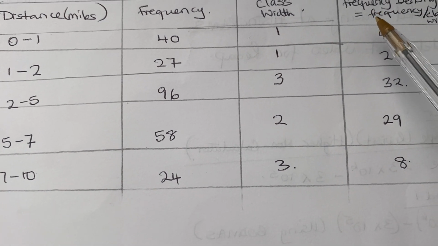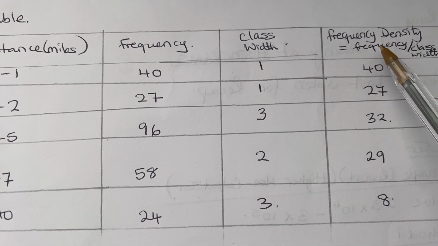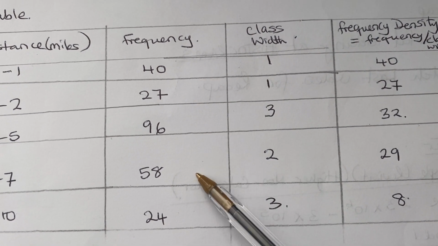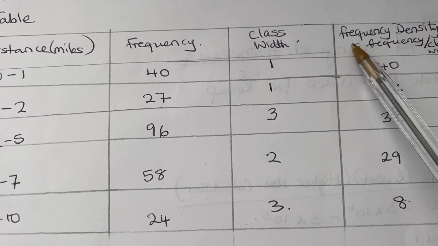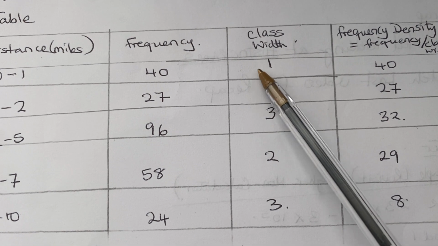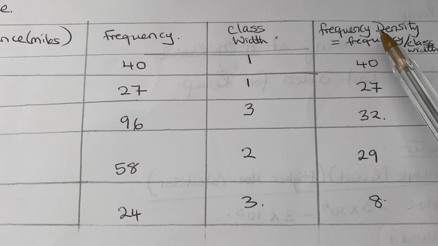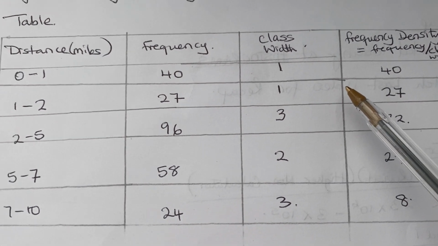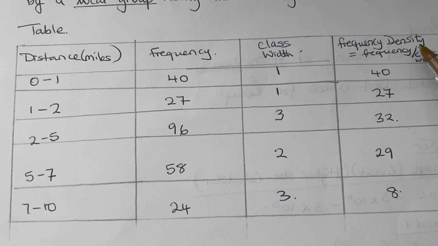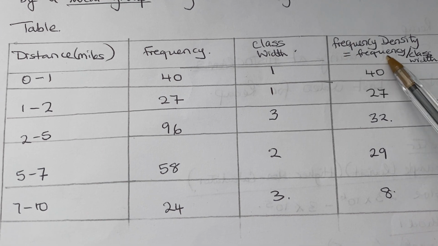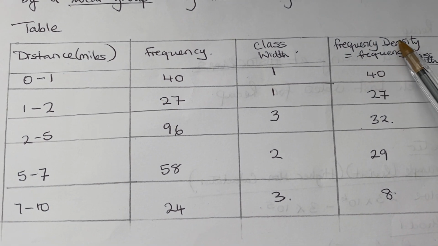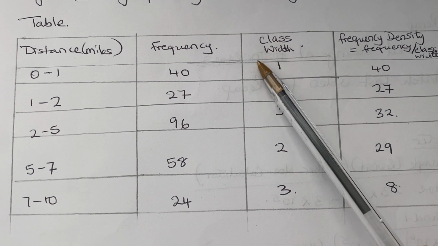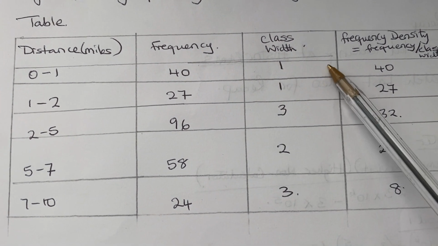So now, instead of the cumulative frequency where you add, you need to divide by the class width. Immediately you do that, then you can do a histogram. Now on your x-axis, you need the frequency density, and then on your y-axis, you plot your class width.